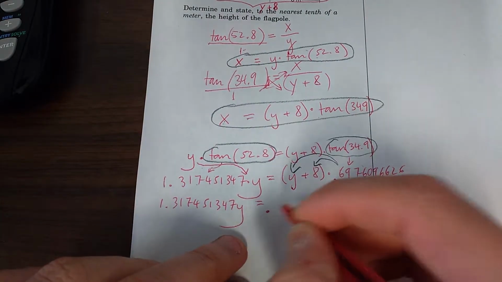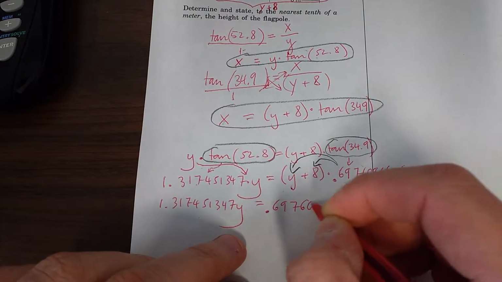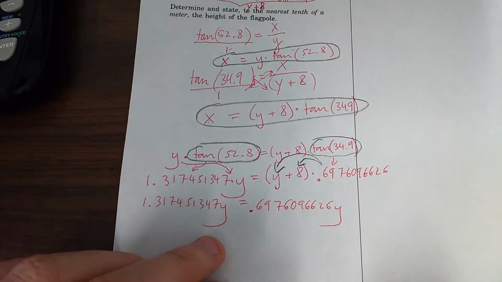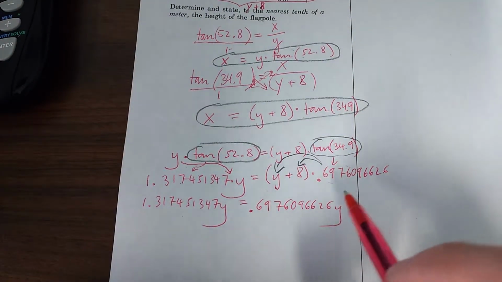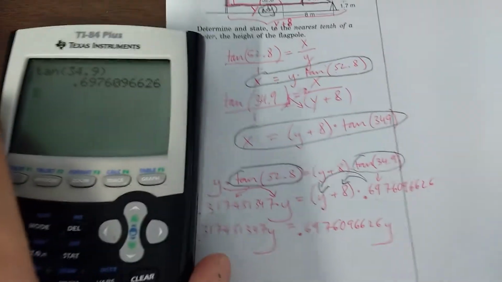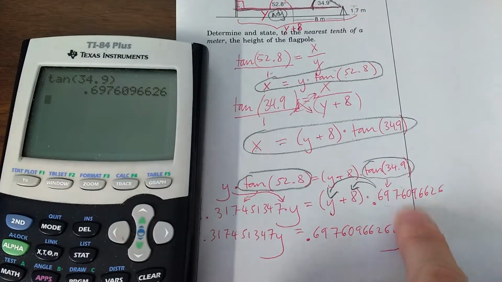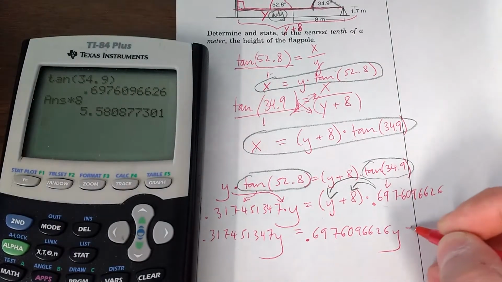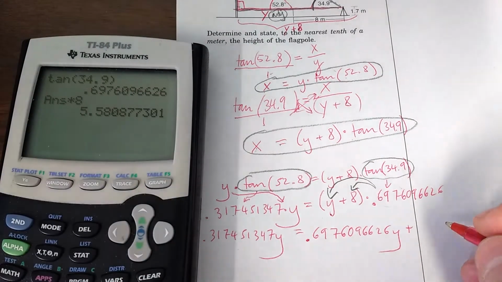So that's just going to be 0.69. Okay. And then we got to do 0.697 and so on times 8. So the good thing is that we still have that number on the calculator, so let's just multiply it by 8. And that's going to get you positive 5.58 and so on.